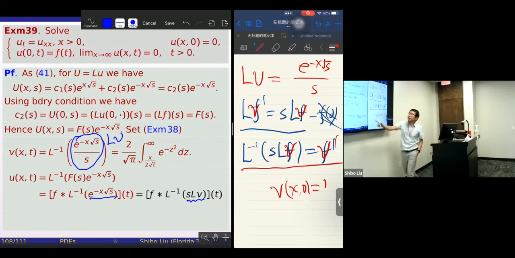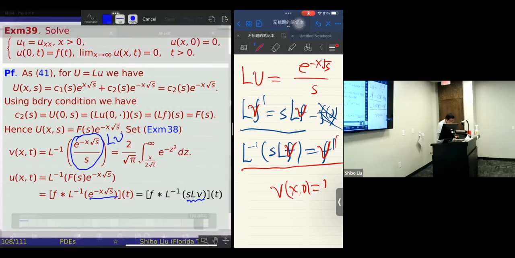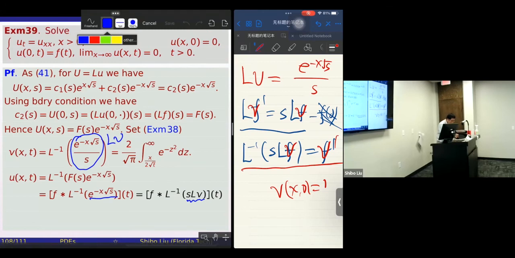But our V satisfies our requirement: V0 is 0. So everything here reduces to V prime. V prime is the derivative with respect to t, so that is V_t.